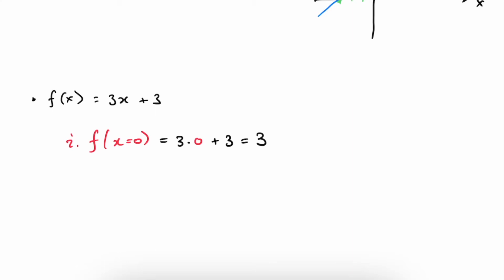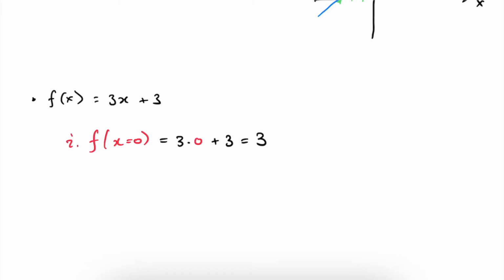Let's now go to the next exercise, which has f of x is equal to 3x plus 3. Again, we need 2 points, and our first point is quite easy. So it's f of 0, which is equal to 3 times 0 plus 3, which is again equal to 3. So that's our first point.